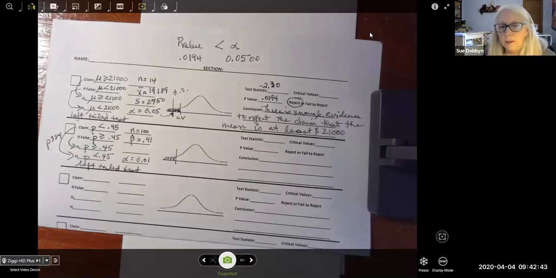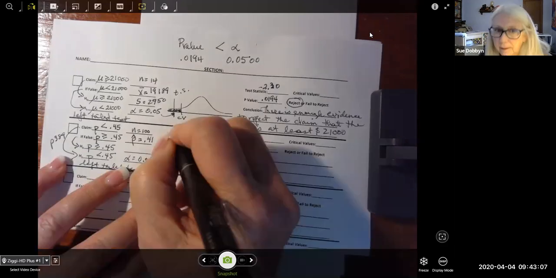Now, the problem here turns out to be that when you use StatCrunch, it doesn't ask you for p-hat. It asks you for the actual number of people in the sample who gave that reply. So you need to remember that p-hat is x divided by n.